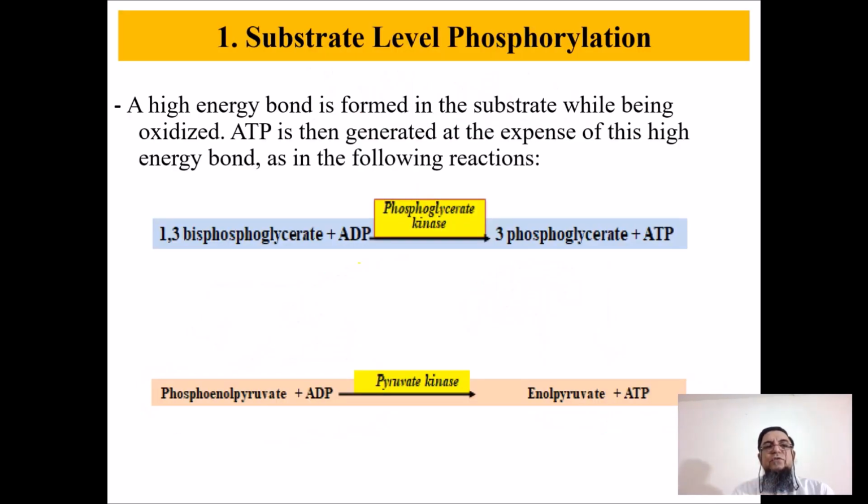In substrate level phosphorylation, a high energy bond is formed in the substrate while being oxidized. So during the reaction, ATP is generated at the expense of the high energy bond.